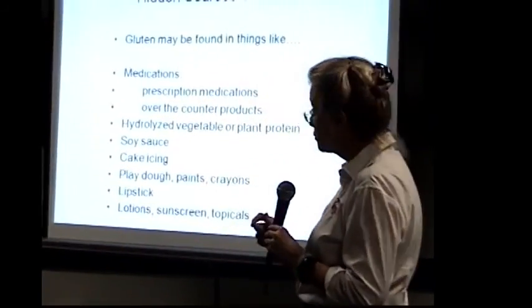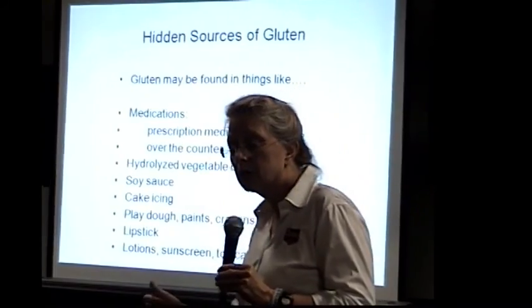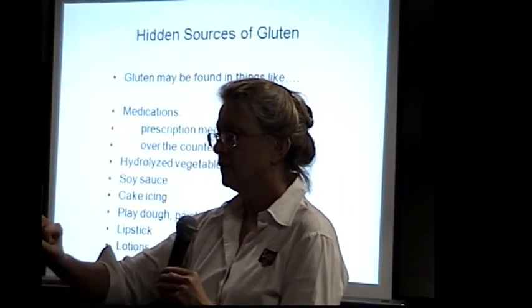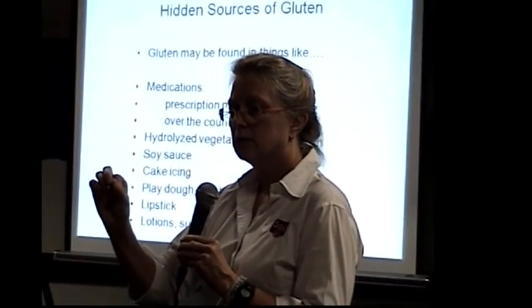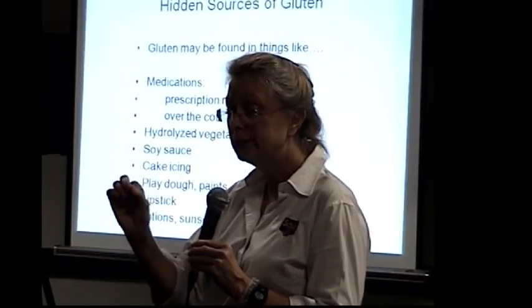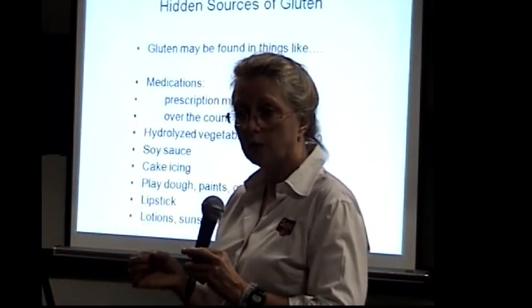There are also hidden sources of gluten, and one of the biggest ones are medications, whether it's a prescription medication or an over-the-counter medication. When you think of your little aspirin, the amount of that acetylsalicylic acid that's in there, that's that active ingredient, is really, really tiny. The rest of it is just filler to give you something to swallow, okay?